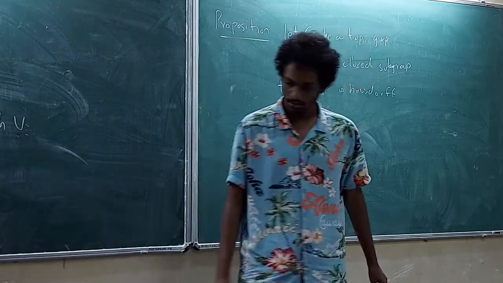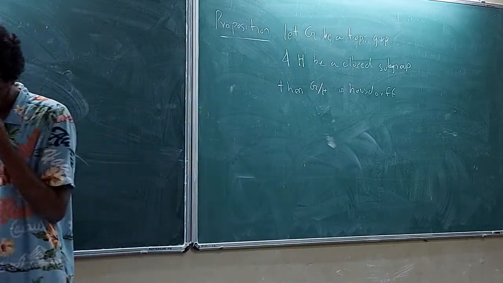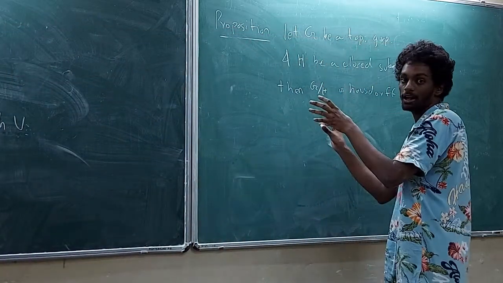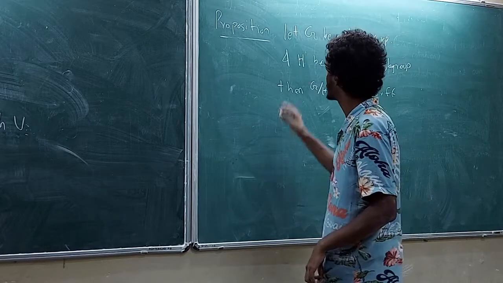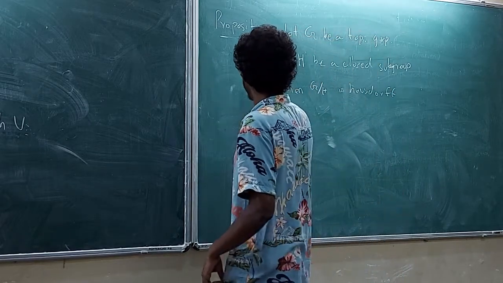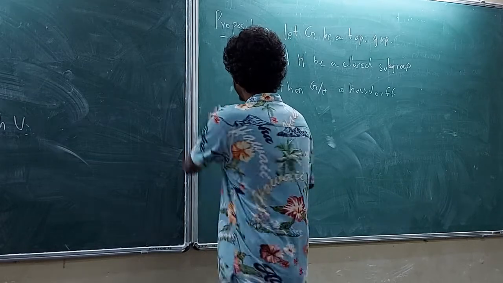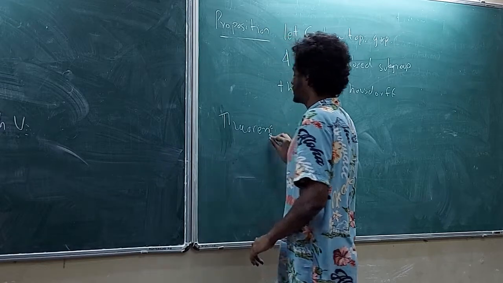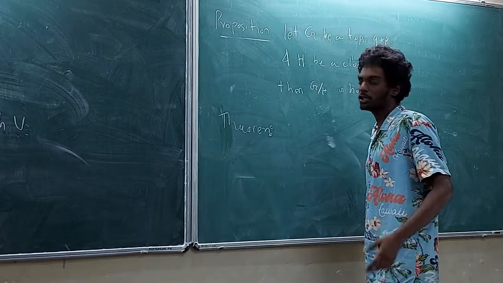So, finally, we would like a group structure. So far, mind you, we have not yet given a group structure on G by H, right? So this will finally culminate to this theorem. And when is G by H a group? H has to be a normal subgroup.